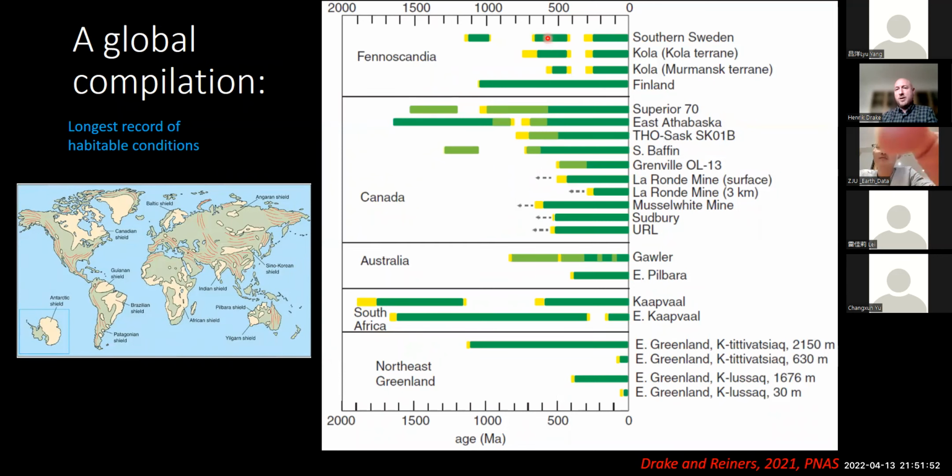But if you have 35 degrees C per kilometer, you cannot get life very deep, such as in sedimentary basins. It's a higher geothermal gradient, you cannot get life that deep. So I would say 10 kilometers would be the maximum in those cases.